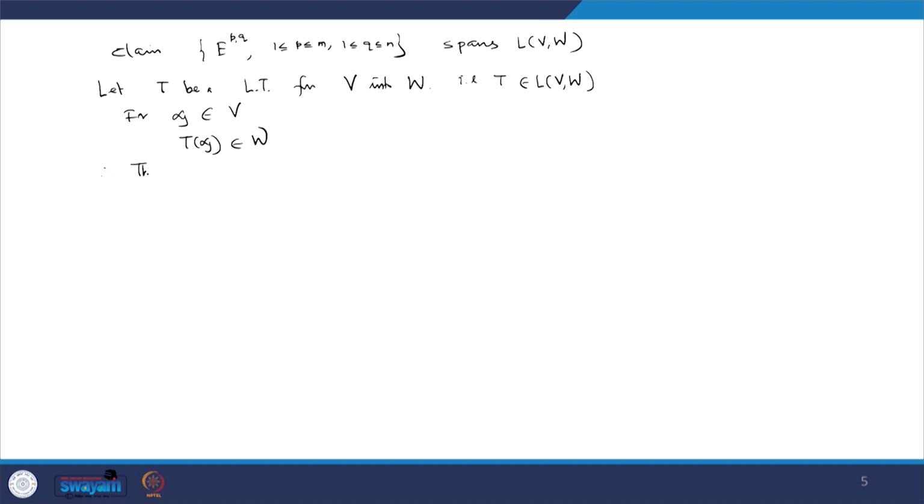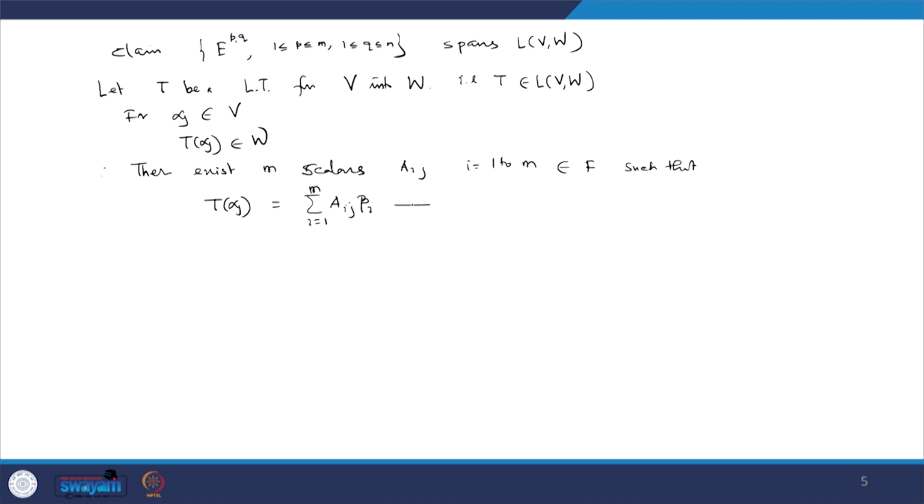Just m scalars, say A_ij, i equal to 1 to m, belonging to F, such that T of alpha j equals the sum of A_ij beta i, i equal to 1 to m.